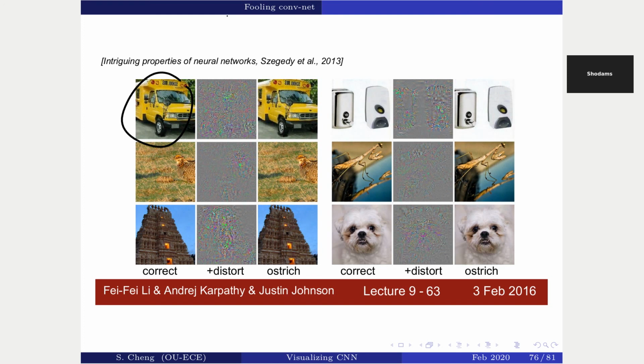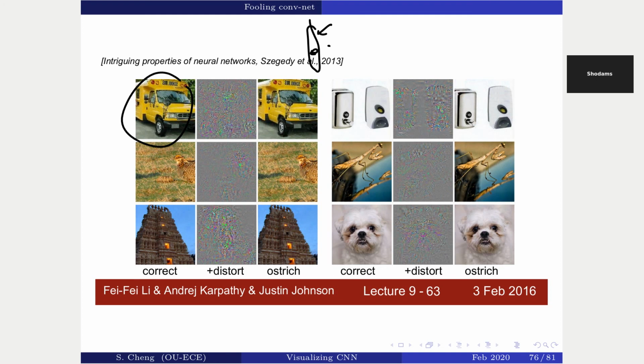In the visualization, we were thinking about what area will activate a particular neuron, and that neuron can be an arbitrary neuron inside the network. So we can also visualize at the end of the network, I mean the last layer. Let's say I have all the class scores here. I have the dog score here.